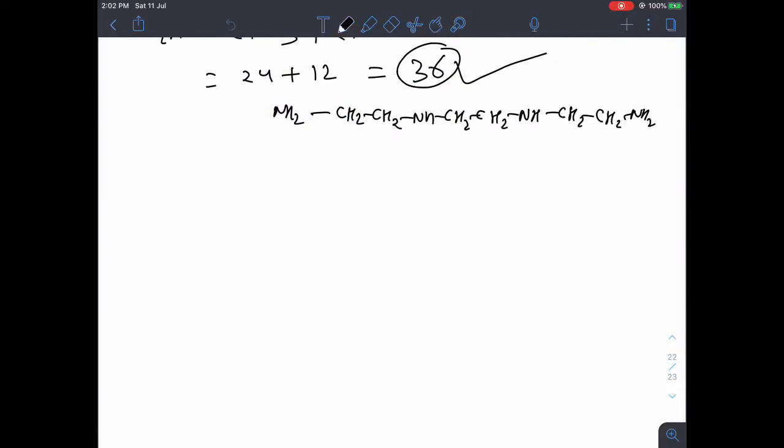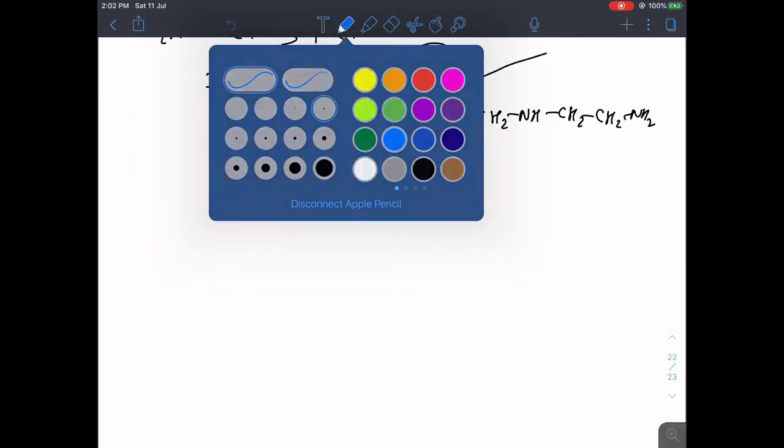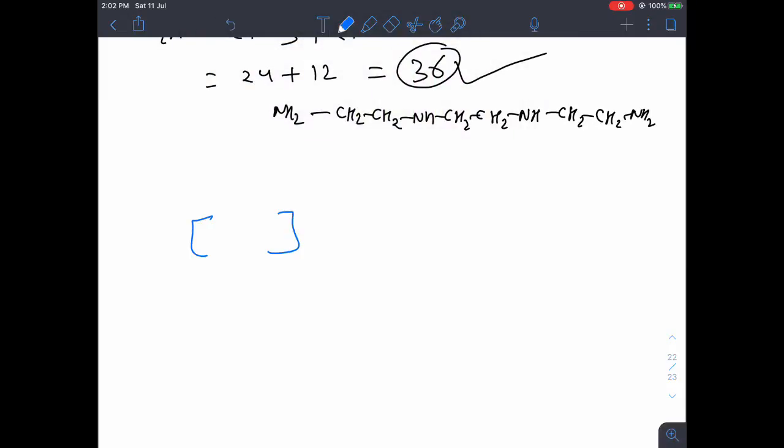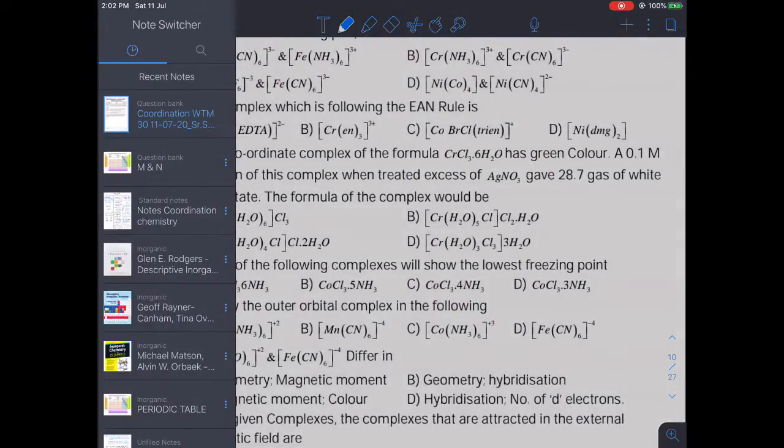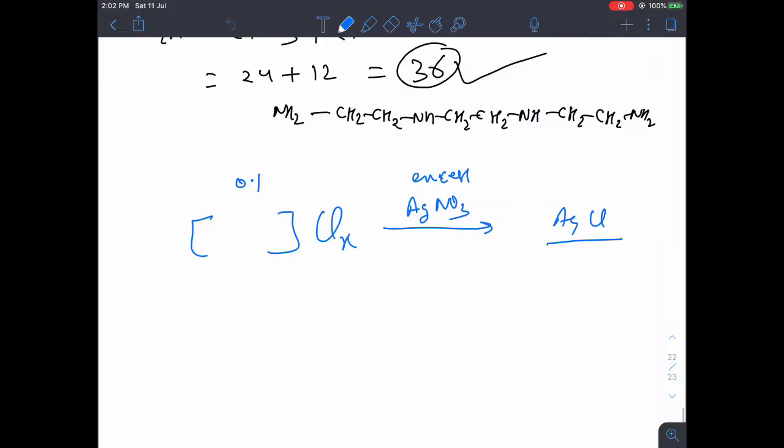So let us assume that x chlorine is present outside. Then if I take AgNO3, it will form AgCl precipitate. Now this is 0.1 and AgNO3 is in excess, and the total amount of AgCl given is 28.7 grams.